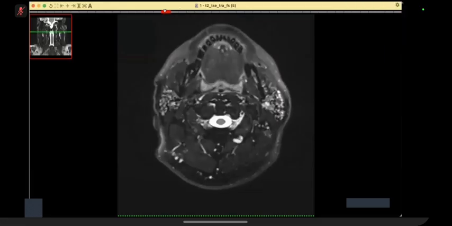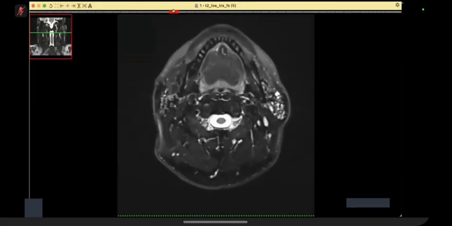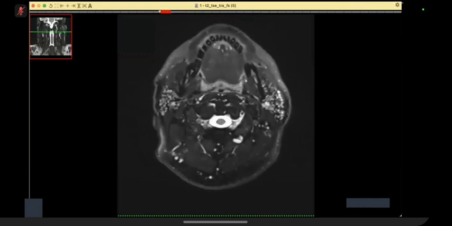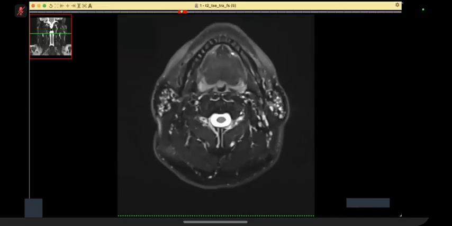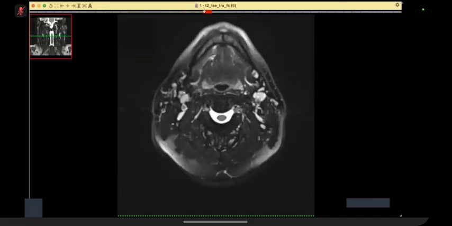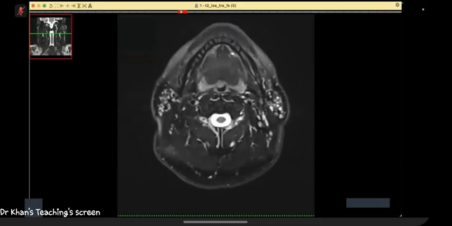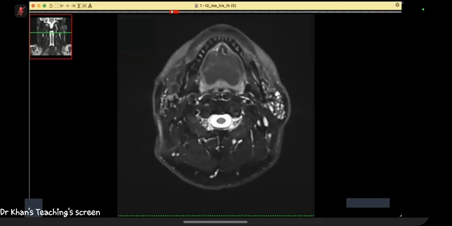On review of the parotid glands, I can see multiple foci of high signal in symmetrically enlarged glands.